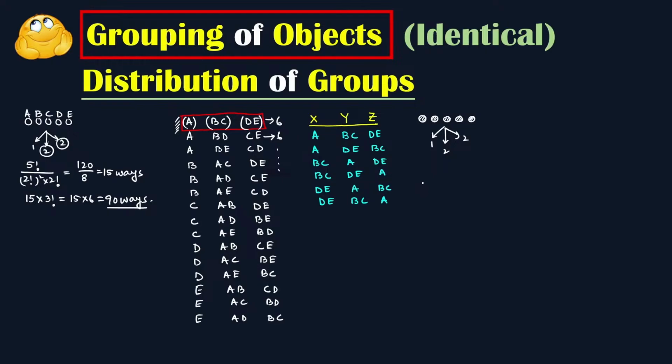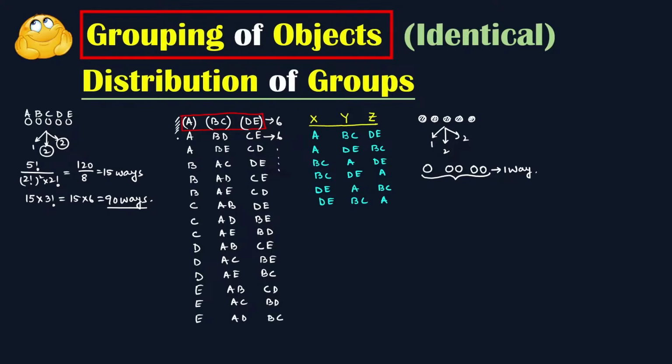There is only one way, only one possibility: one group will have 1 ball, another group will have 2 balls, and the remaining group will have the 2 remaining balls. That's it. This is the only way of grouping into 3 groups containing 1, 2 and 2 balls. Are you getting the point or not?